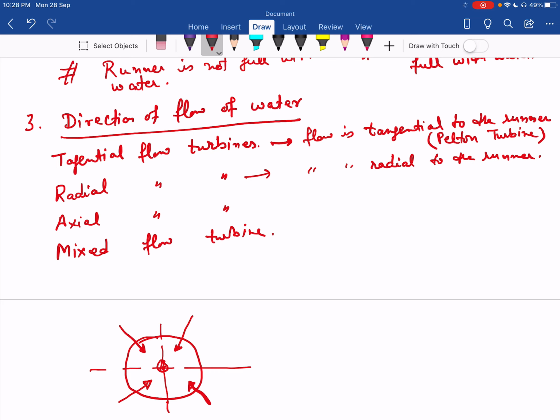The another one is the axial flow turbine, means the flow is axial to the runner. The example is Kaplan turbine, or propeller turbine.